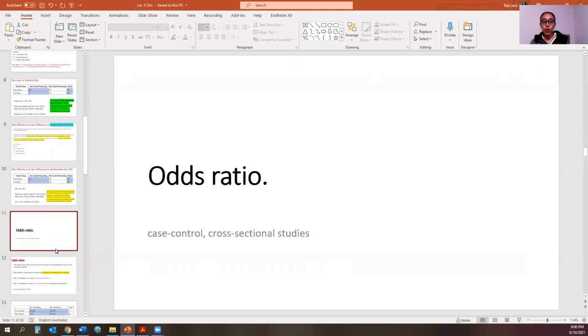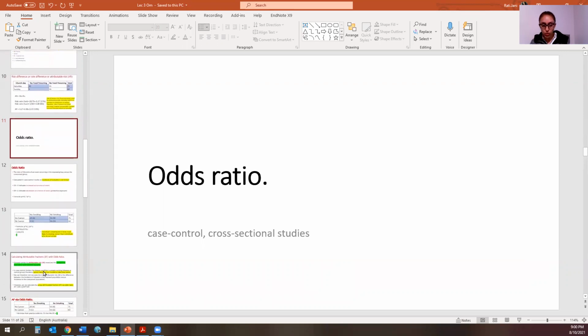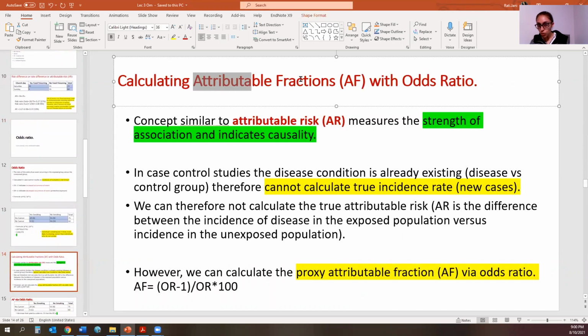Your attributable fractions, guys, over here, conceptually, are similar to attributable risk. So basically, what does it mean? It means that it is the unfamous counterpart of the odds ratio, and attributable risk is also an unfamous counterpart of the risk ratio. So both of these are unfamous counterparts.